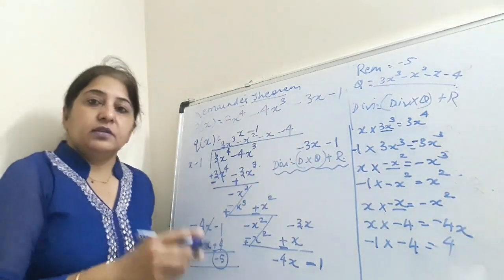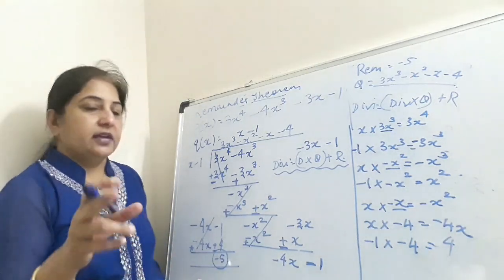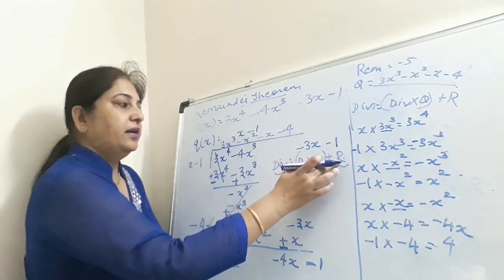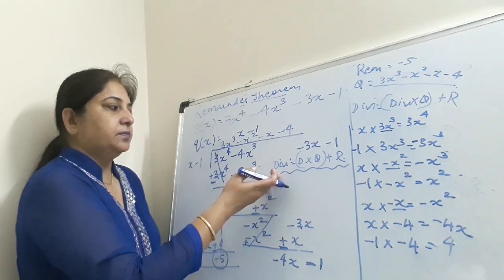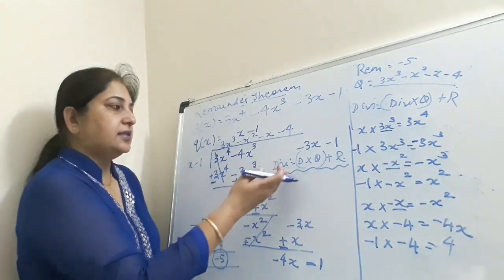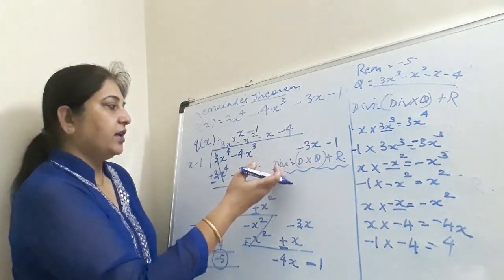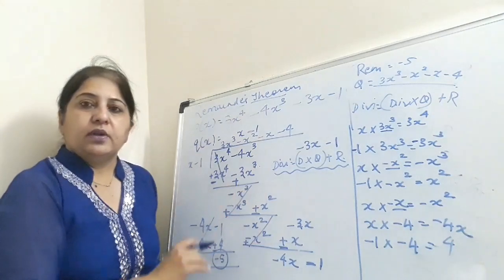It is not asked in every question to check, but for your satisfaction, you can check by divisor into quotient plus remainder. If you get the answer dividend, it will be easy for you to understand, yes, the answer is correct, and as well as it is for your satisfaction that you will come to know that your calculation, the whole procedure is right.